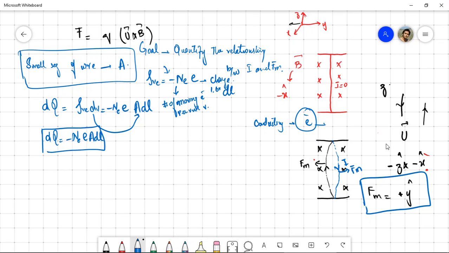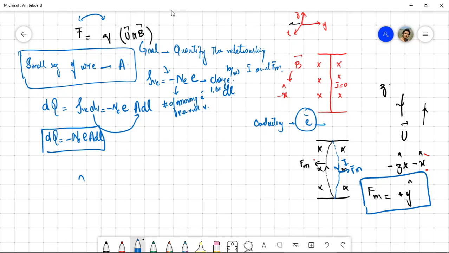Now we have the value of the total charge moving through that elemental volume. The basic goal of this activity was to quantify the relationship between Fm and q for this elemental scenario.